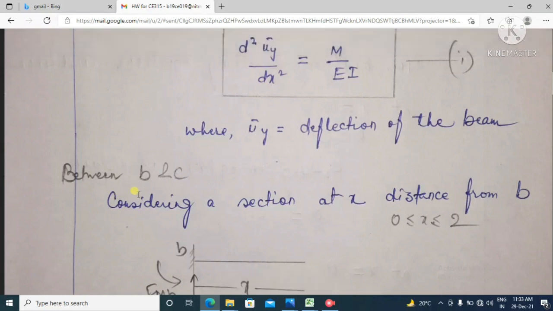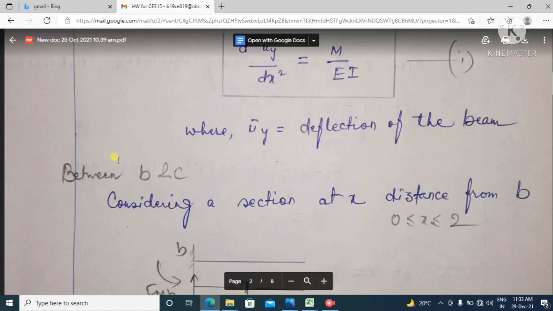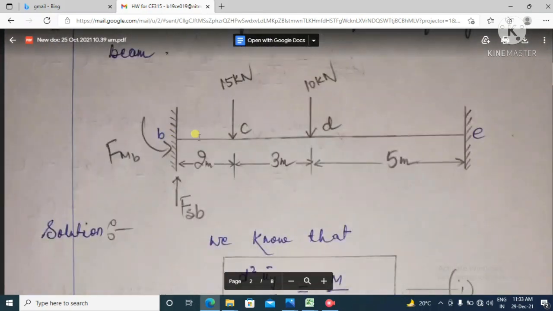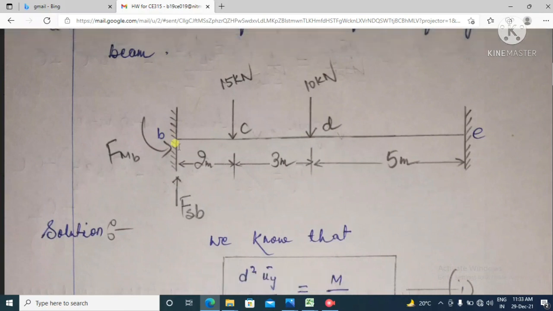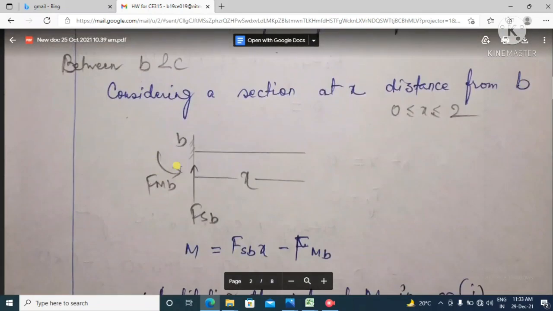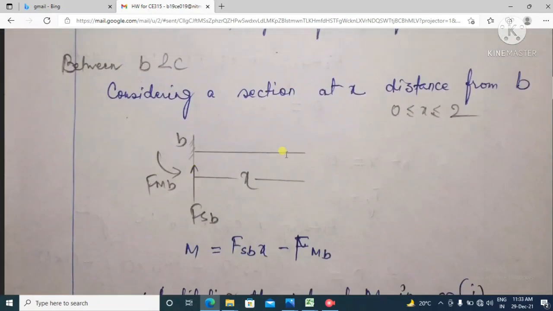Okay, so let's consider a section at x distance from B, between B and C. Between B and C, you will see in the figure. I am taking a section at x distance from end B. So FMB will be acting, and FSB.